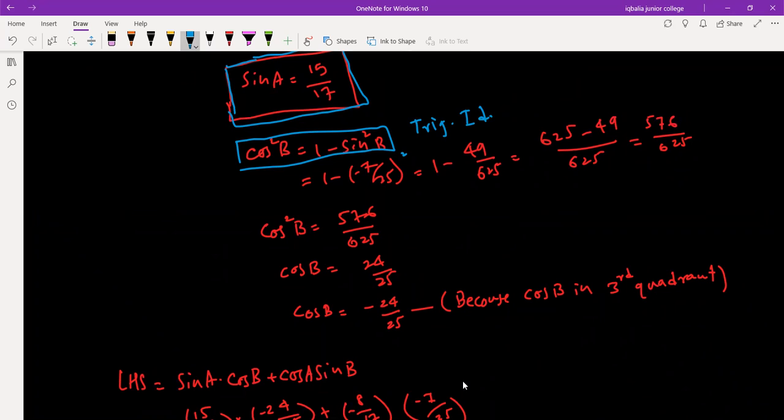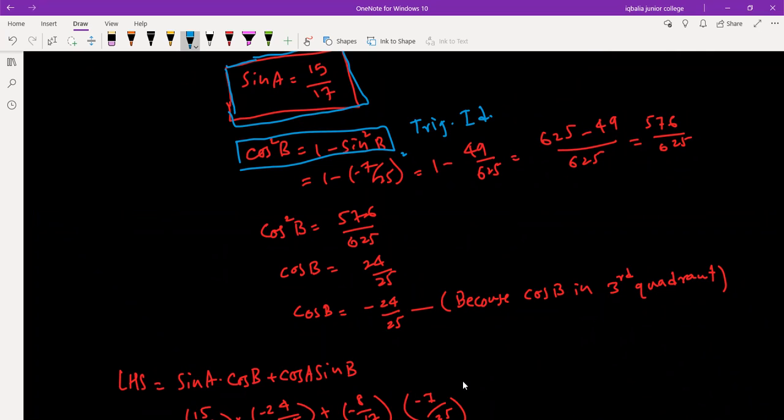If I'm taking the square of this, then the square of 7 is 49, and 25 squared is 625. Then I will take the LCM and find cos square B is equal to 576 by 625. Then if I'm taking the square root of cos B, I will get 24 by 25.